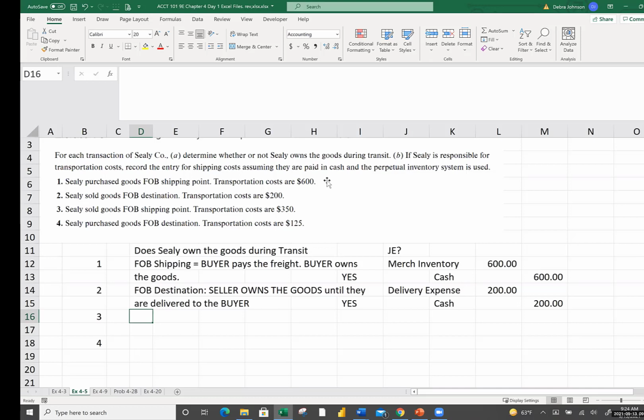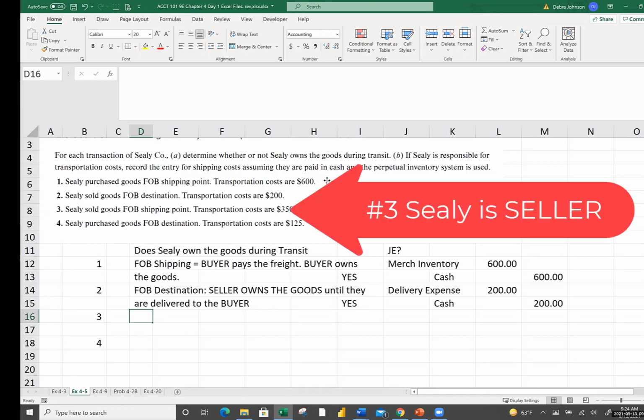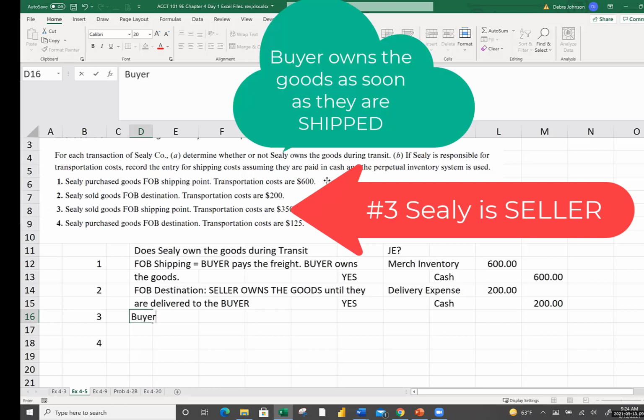Okay, here we go again. Sealy sold. Okay, stop. Sealy is now the seller because it said Sealy sold. So they are the seller. They sold the goods FOB shipping. Okay, what does FOB shipping mean? FOB shipping means buyer pays the freight. The buyer right now owns the goods.